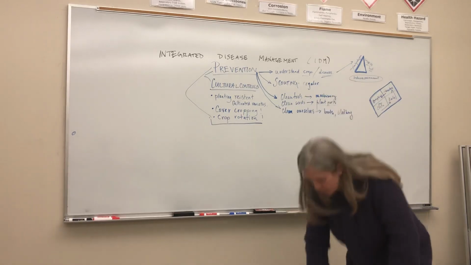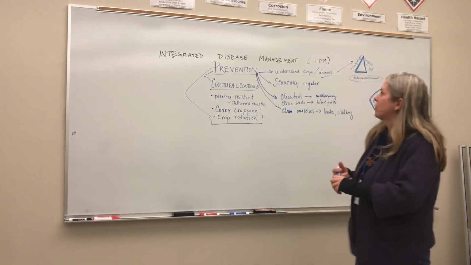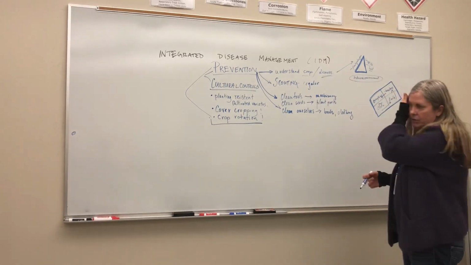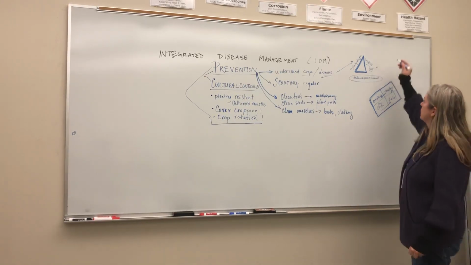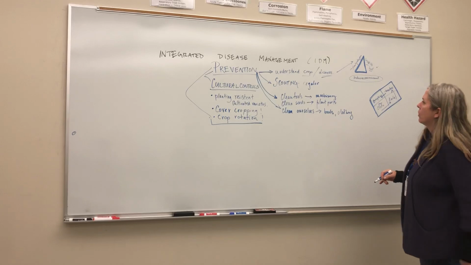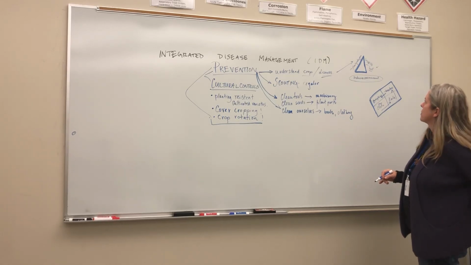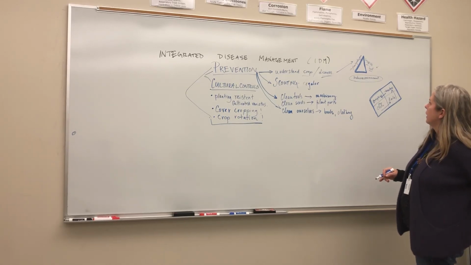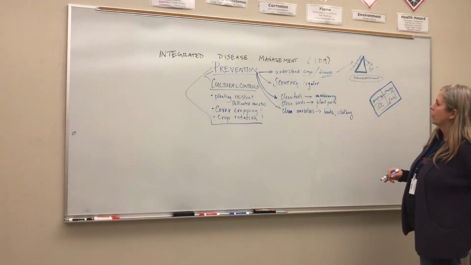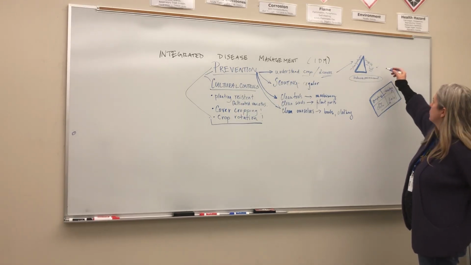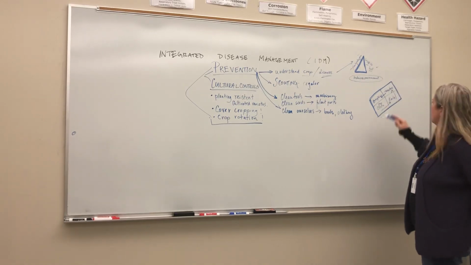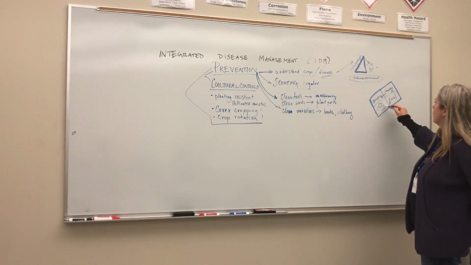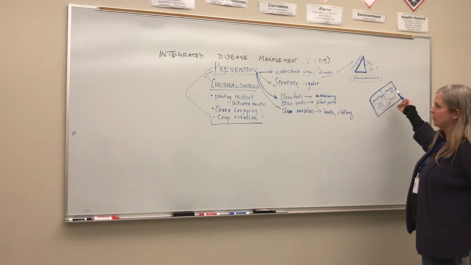Let's see, what else in the prevention, or I'm sorry, cultural control, which again falls into prevention. So we're planting resistant varieties to get rid of the susceptible host. We are cover cropping in order to suppress diseases, and we are crop rotating to potentially remove the plant pathogen, right? Because if something affects the corn, it's not likely to affect pumpkins.